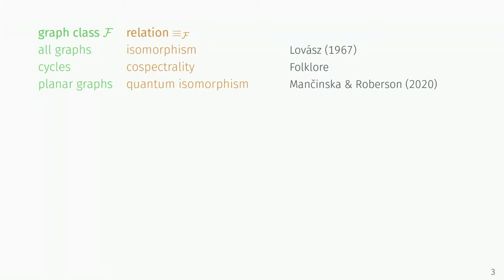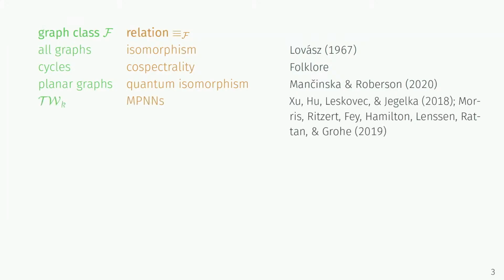And then the last important protagonist, which goes more into the GNN direction: homomorphism indistinguishability over all graphs of treewidth at most k, or in the most basic case, all the trees, when k is 1, is the same as being indistinguishable by message passing neural networks. And my references here are a bit anti-chronological somehow. So these results were not proven in this way.